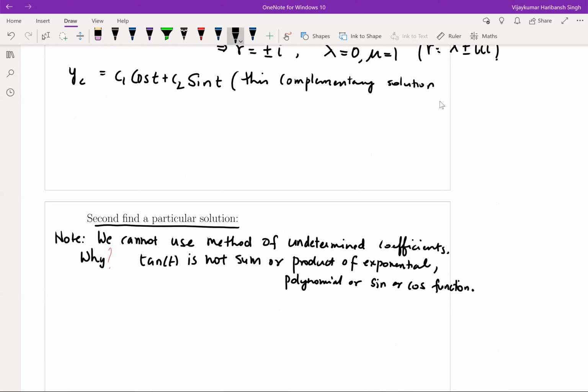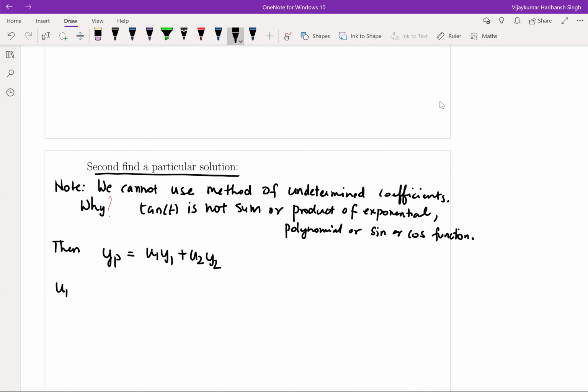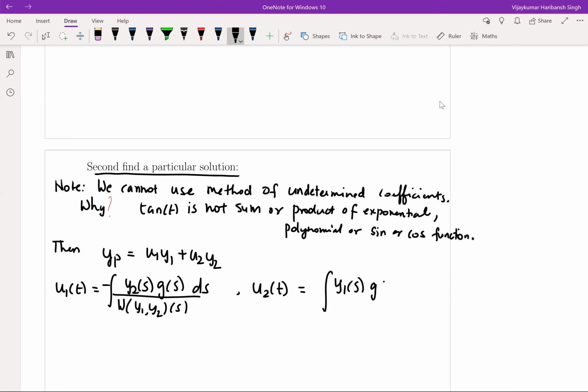We have yp equals u1 y1 plus u2 y2, where u1 of t is minus the integral of y2 of s g of s divided by the Wronskian of y1 and y2 evaluated at s, ds, and u2 of t is the integral of y1 of s g of s divided by the Wronskian of y1 and y2 evaluated at s, ds, and then of course we put the variable t once the integral is done. So we're going to replace that.